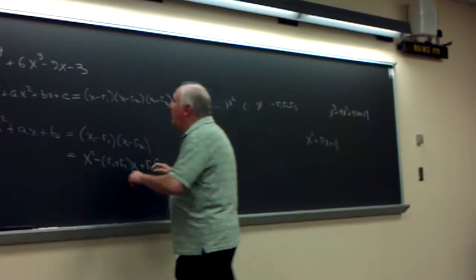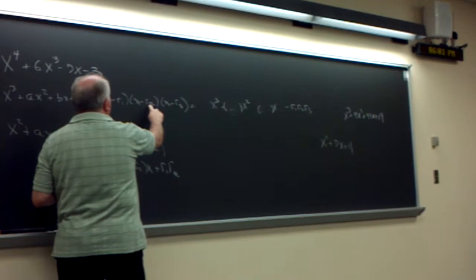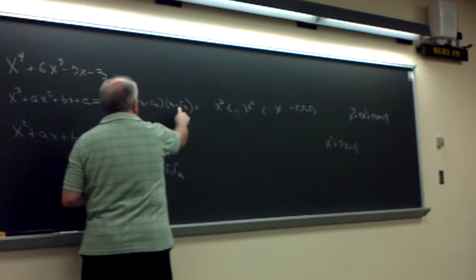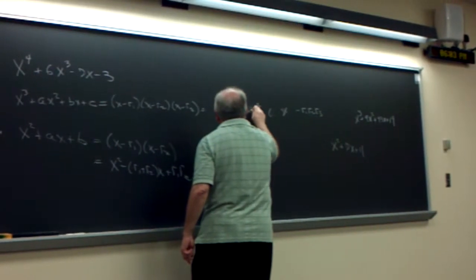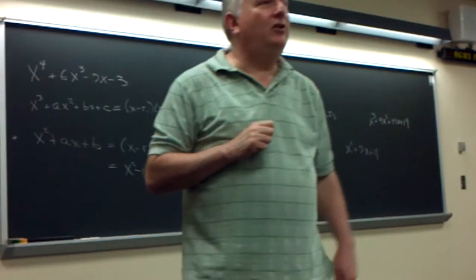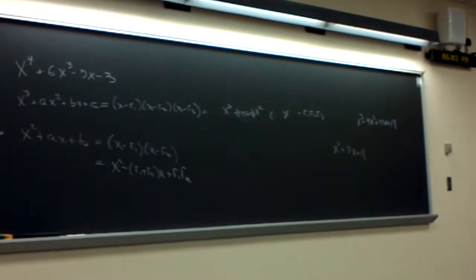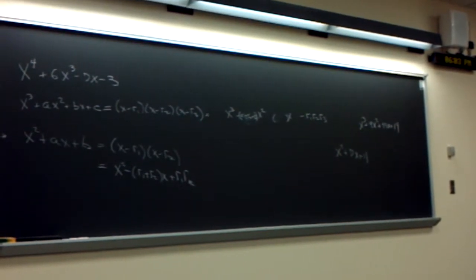Well, it's x squared times negative r1 plus negative r2 plus negative r3. So the coefficient of x squared is the negative of r1 plus r2 plus r3. Can you see how you got that from the distributive law?